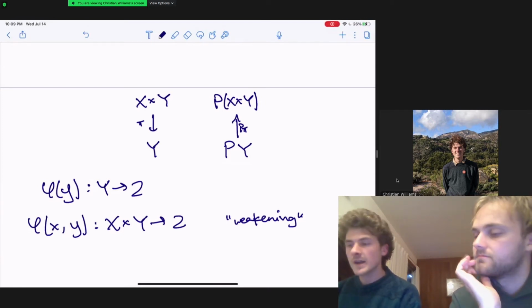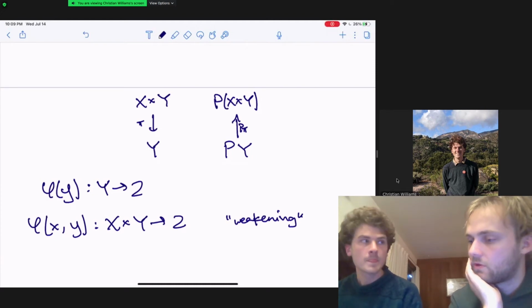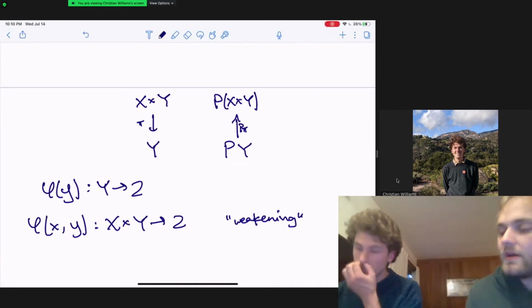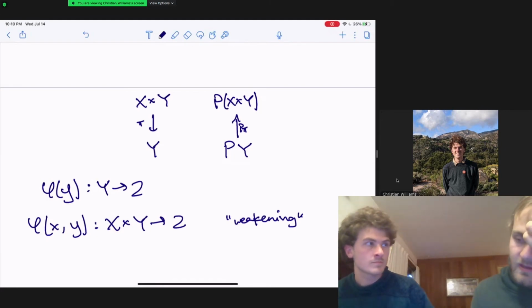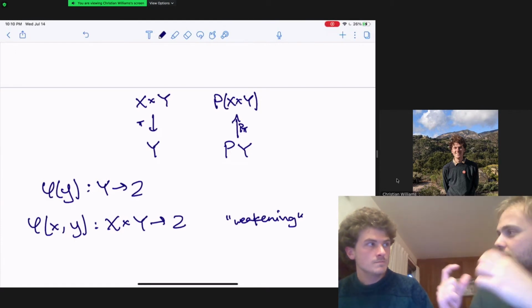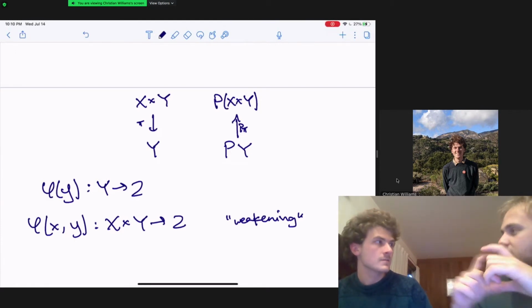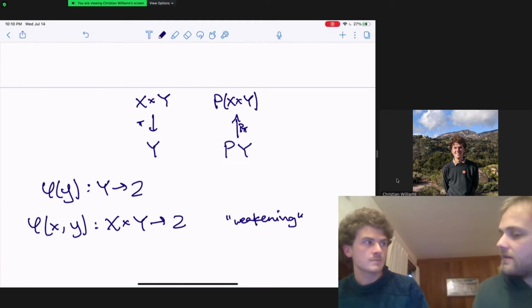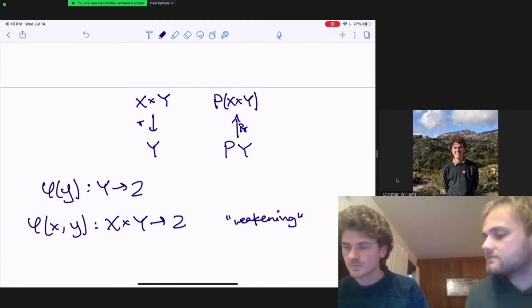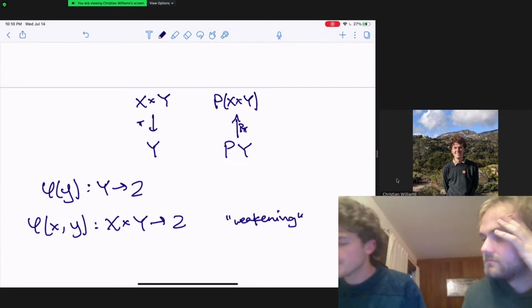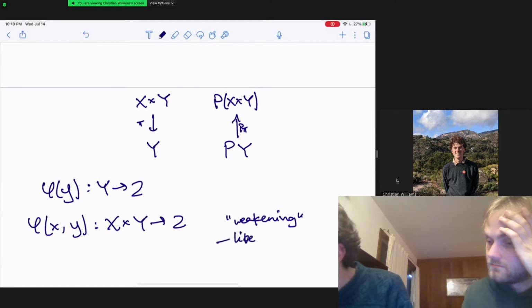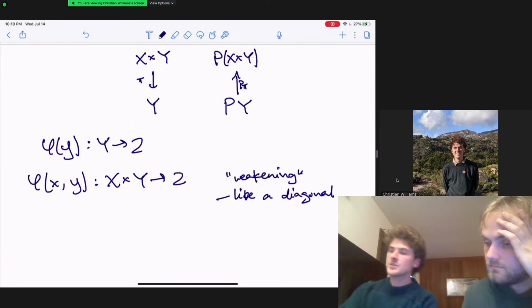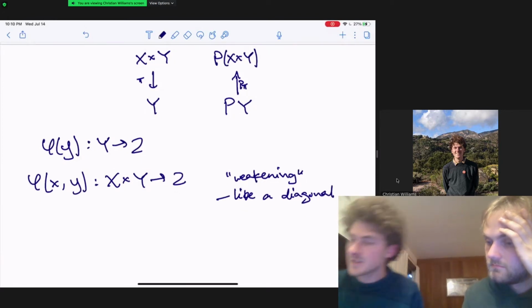So it's literally a diagonal, because you can think of x cross y as an x-fold coproduct of y's, and you're just sending it like a diagonal. So let's think about what it means to have a left adjoint to this.